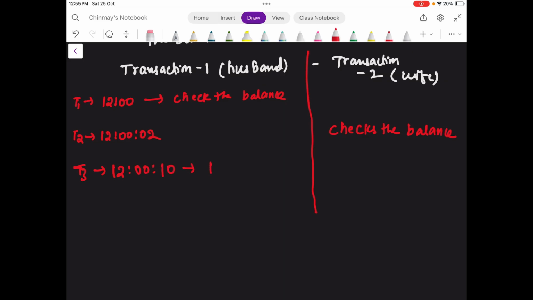100 plus 20. For example, consider the initial balance is 100 rupees. They are depositing 20 rupees. What happened? 120.